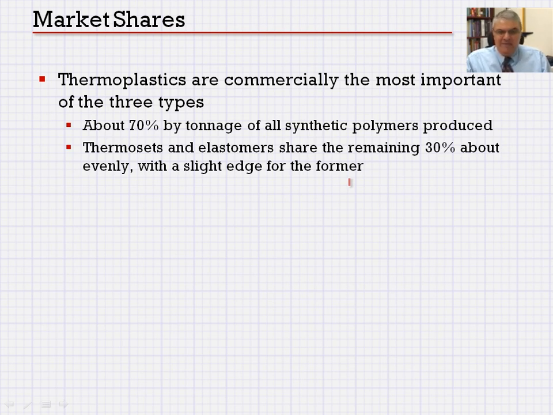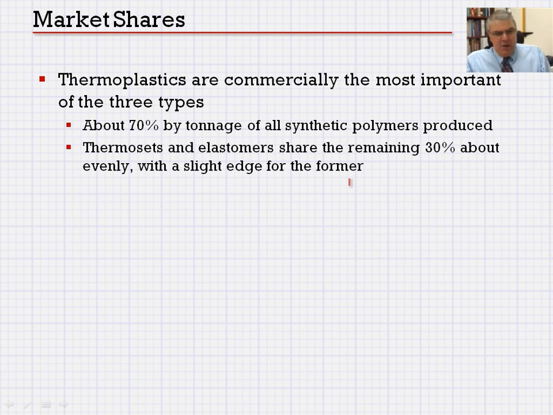Thermosets and elastomers share the remaining 30% almost equally, but thermosets maybe slightly over 15%, maybe 15 point some, and that would bring the remaining elastomers down to 14 point some.